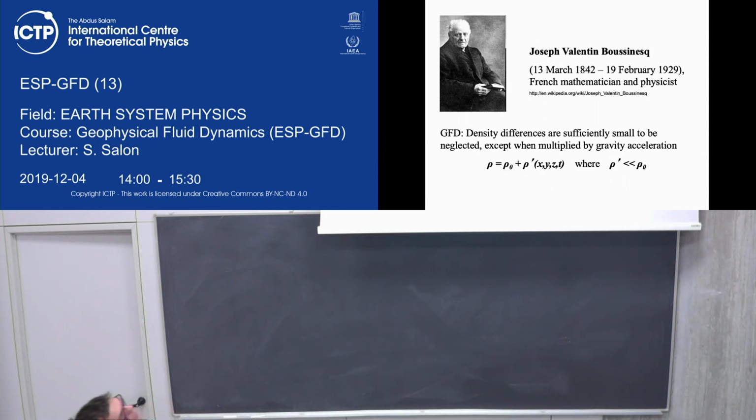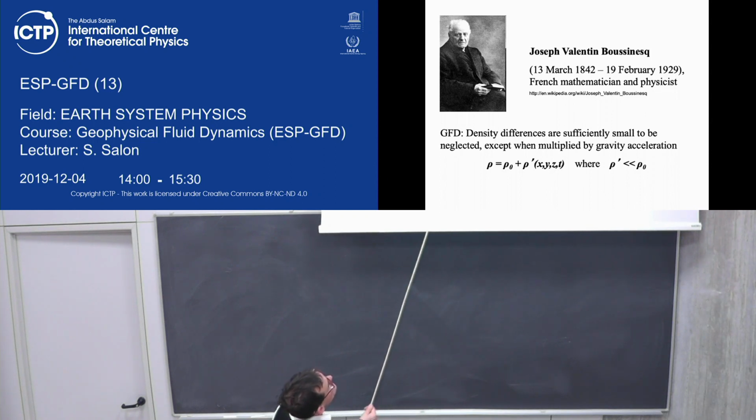was inspired by the work of Boussinesq, who was a French mathematician and physicist. And he was smart. He said, well, density differences in the atmosphere and in the ocean are sufficiently small to be neglected, except when multiplied by gravity acceleration.